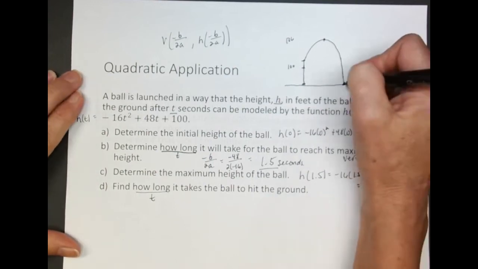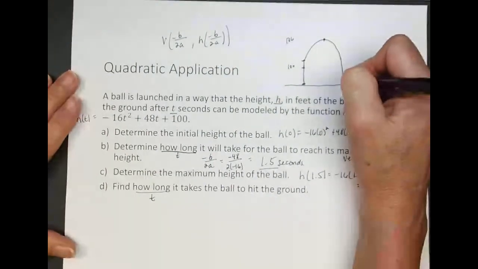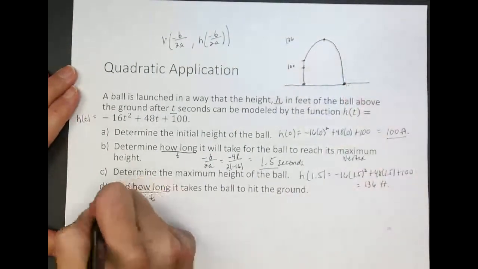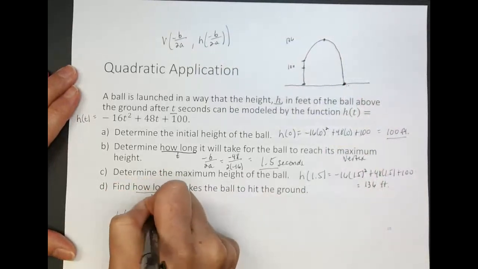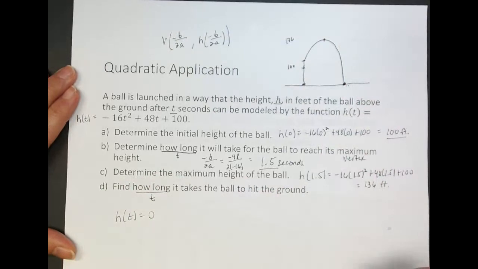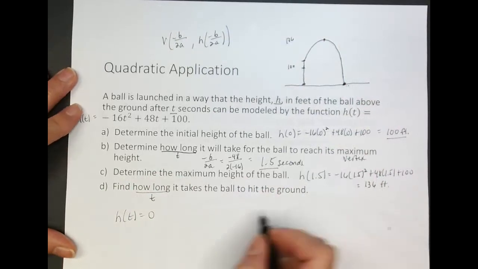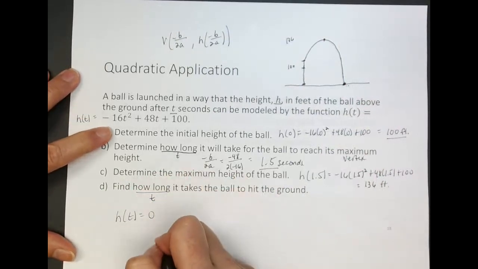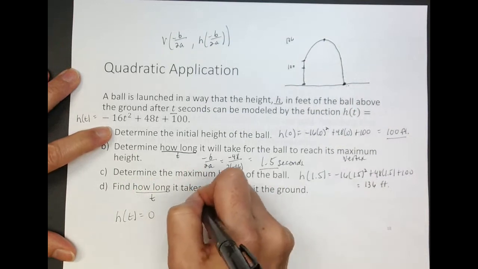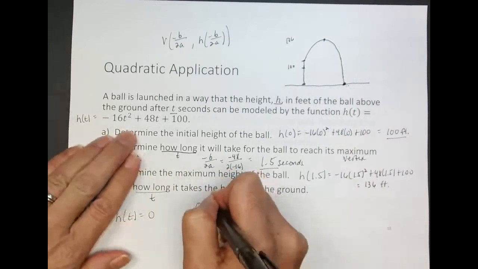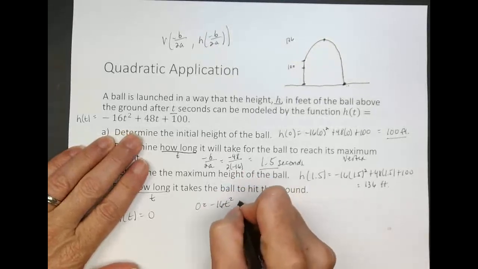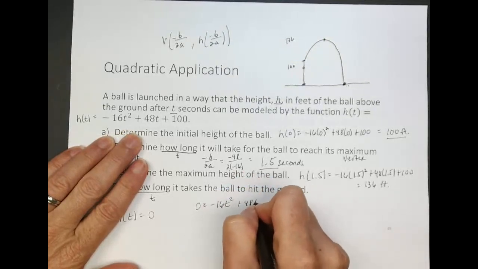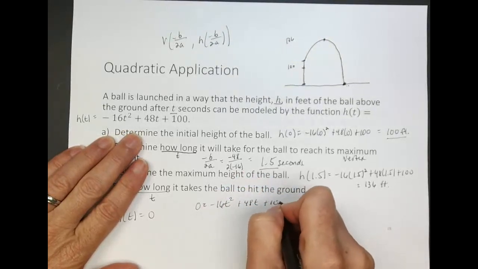Well, what is the height when it's on the ground? It's 0, right? So to find when that occurs, I want to say h of t equals 0, and then I'll just solve for t. So let's do it. We're going to say 0 equals negative 16t squared plus 48t plus 100.